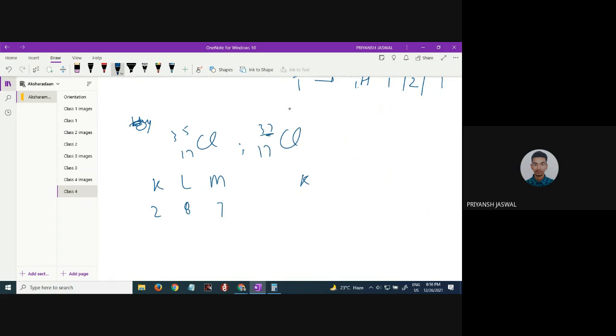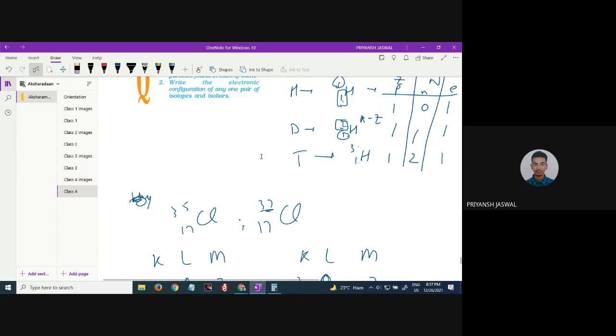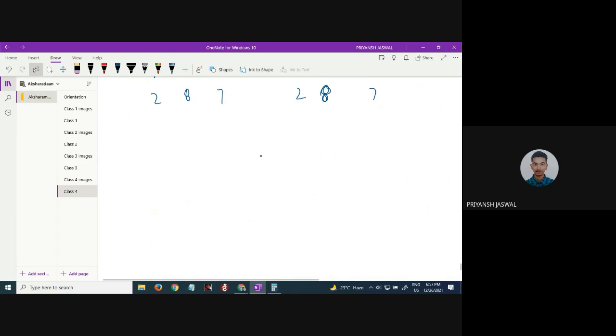Now, what will be the configuration for the isotope of chlorine, that is 17Cl37? It has the same number of electrons, so the same configuration. Isobars: isobars will have the same mass number.